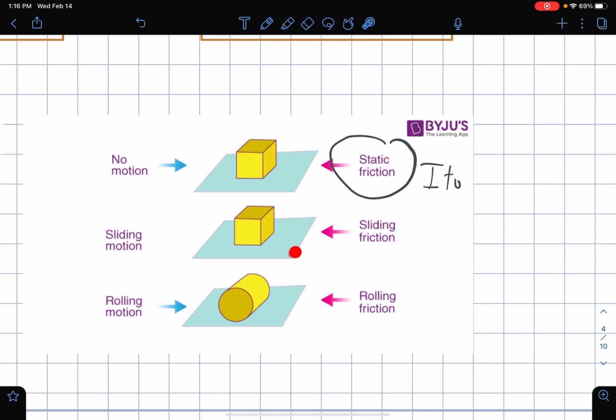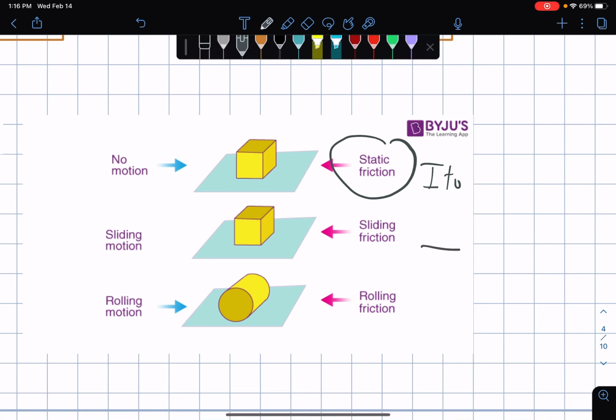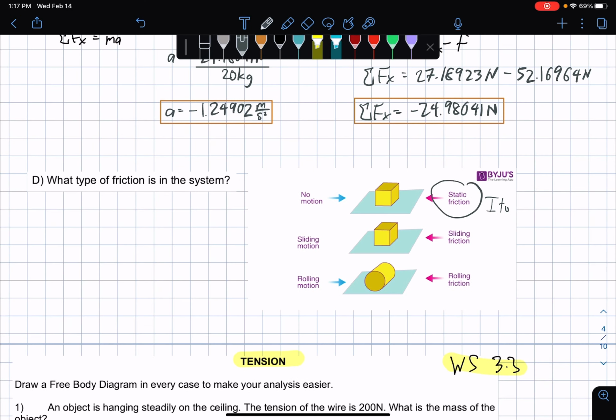So definitely the surface is not even. I mean, the surface isn't straight. It's somehow in a slope. So that's sliding friction. And for rolling friction, well, the object is supposed to be round, but in our case, the object isn't round. So it's static friction for our scenario.